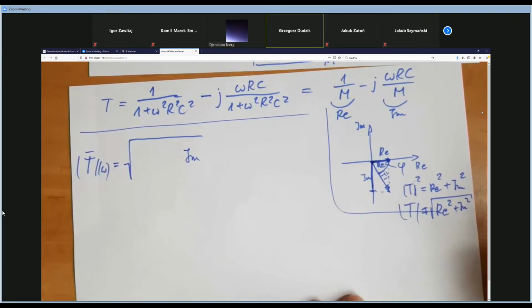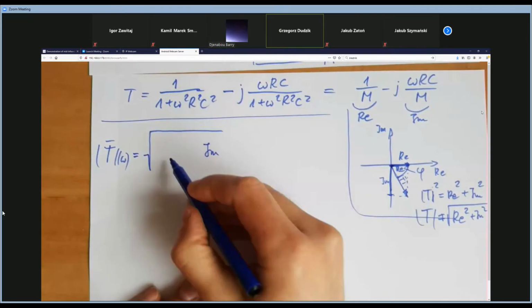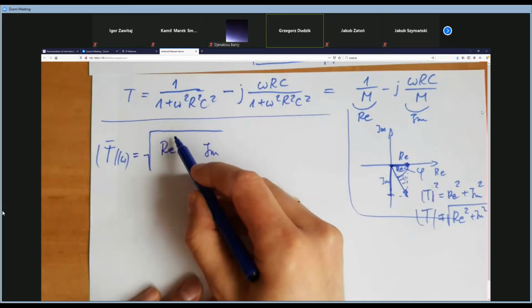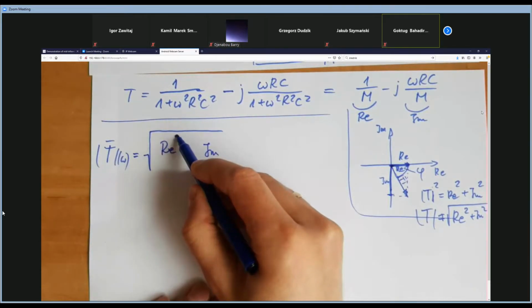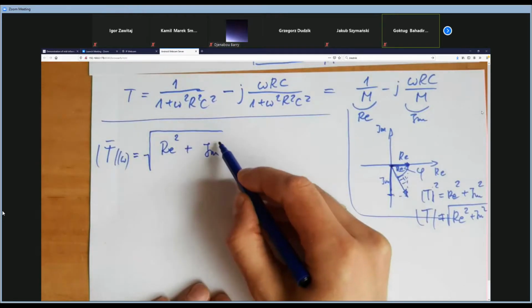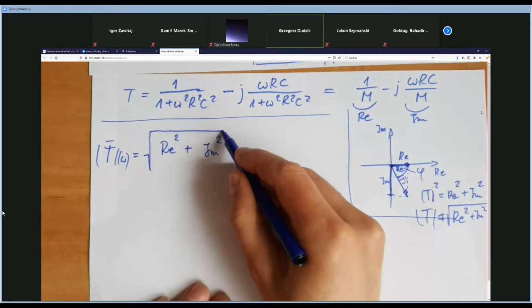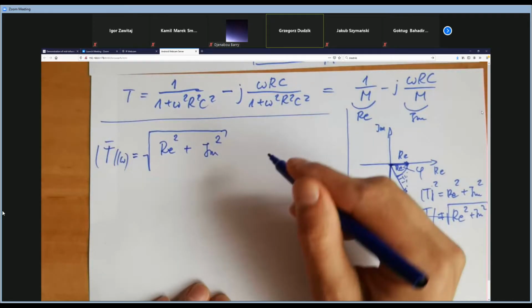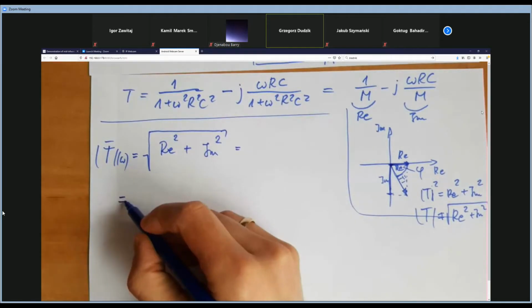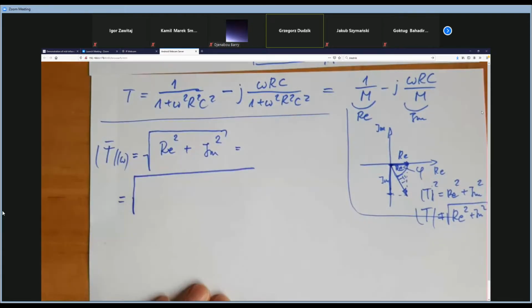That's right? Yes. So in fact, this is the real part of our modulus of t squared plus the imaginary part squared. That's right? That's right. So this is equal to the square root of.